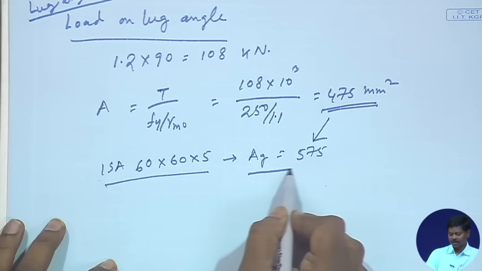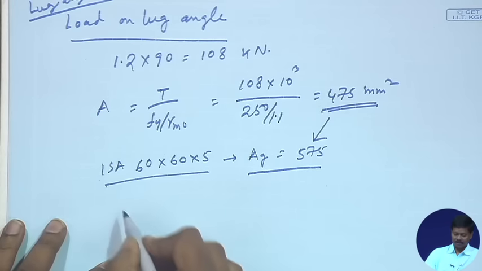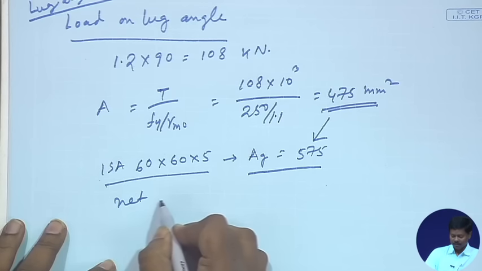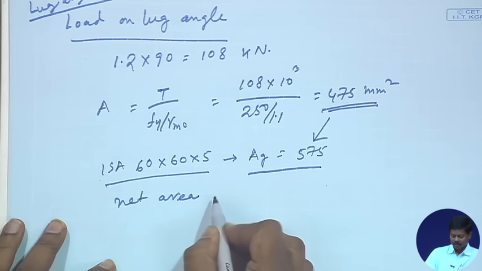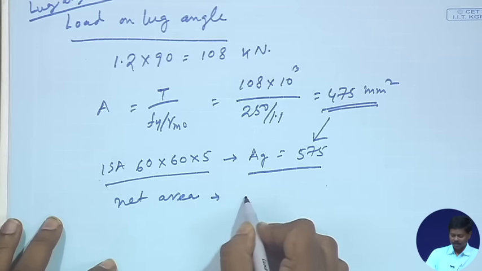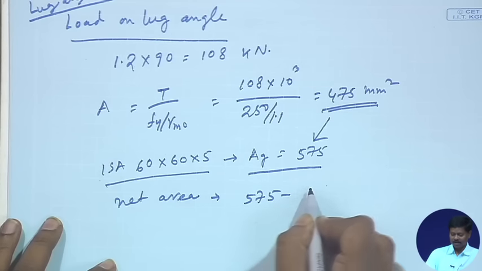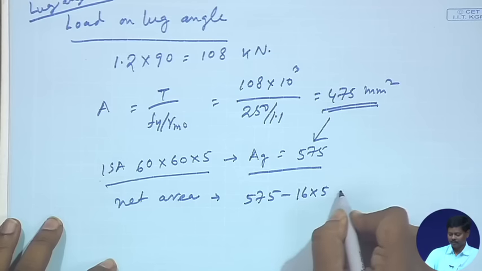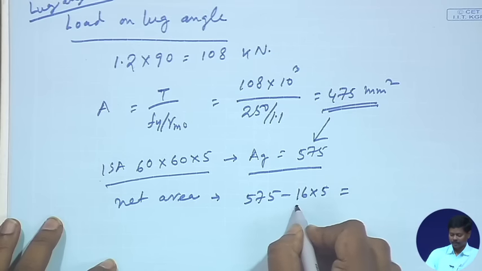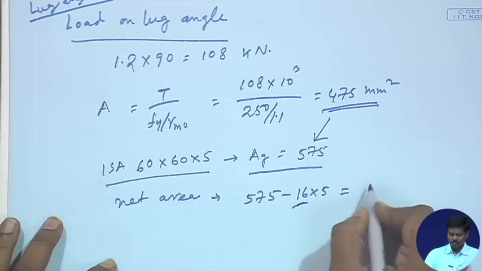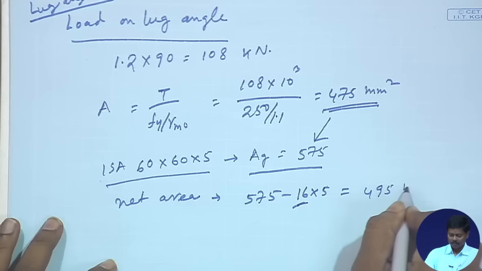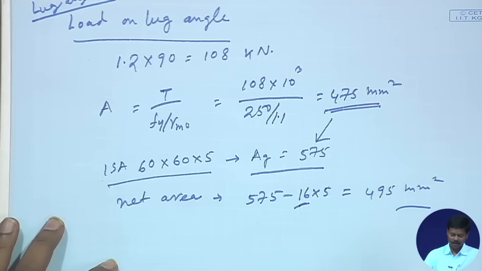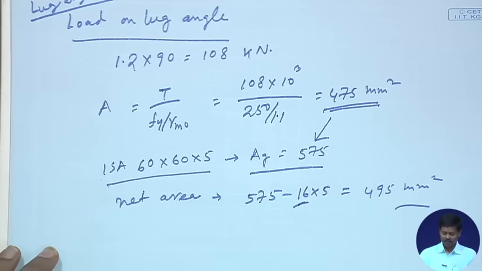So, AG we are considering this, that means, net area of the lug angle available will be 575 minus 16 into 5, because bolt diameter is 16. So, that will be 495 millimeter square, right, which is more than the 475 millimeter square.